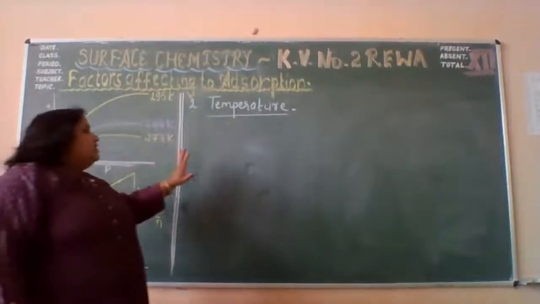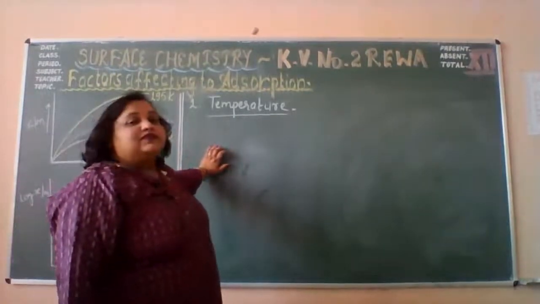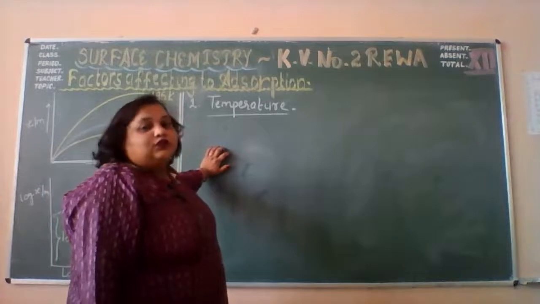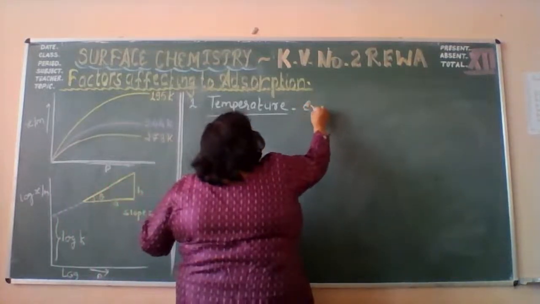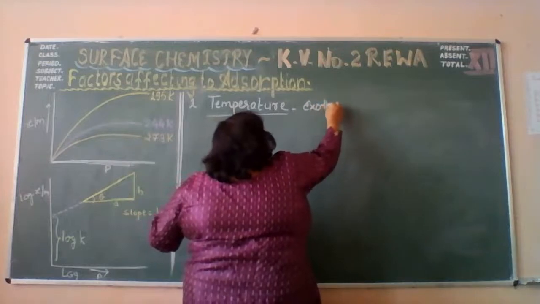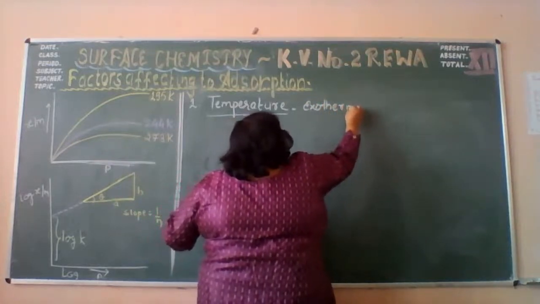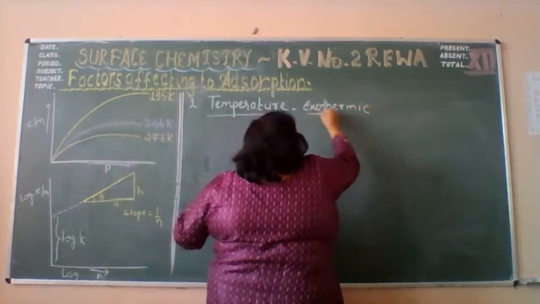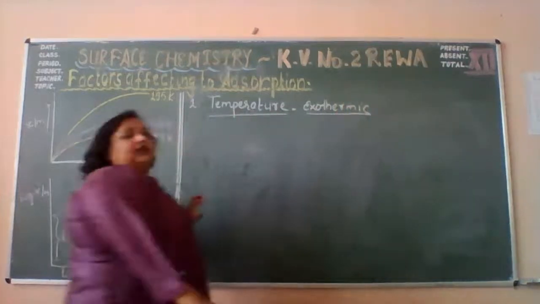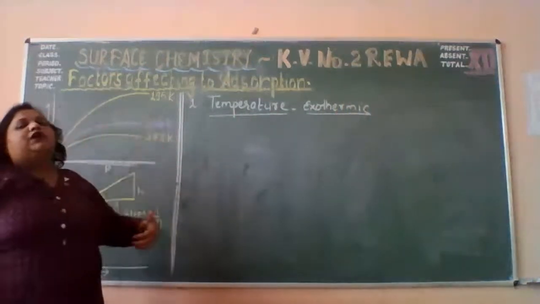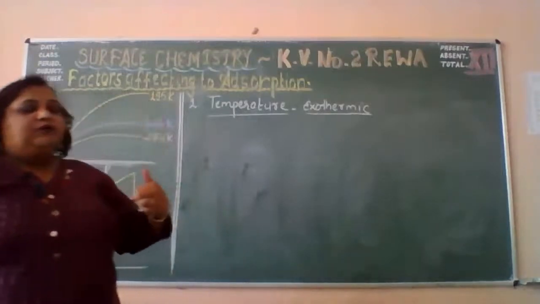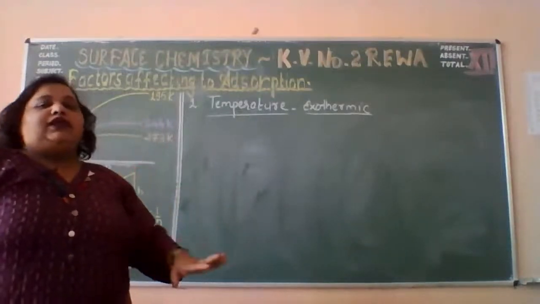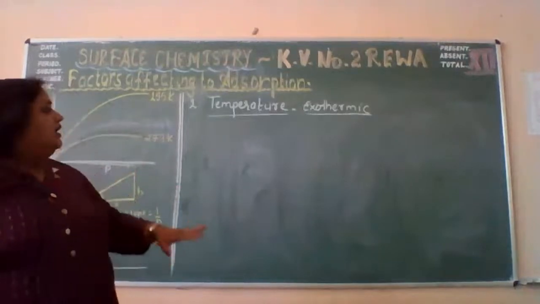So yesterday also we discussed that adsorption is an exothermic process. So you all can come to the conclusion that the extent of adsorption will be greater at lower temperature if all the other factors are the same.